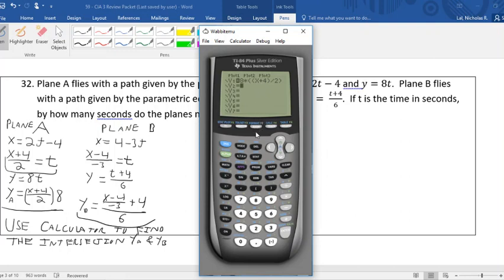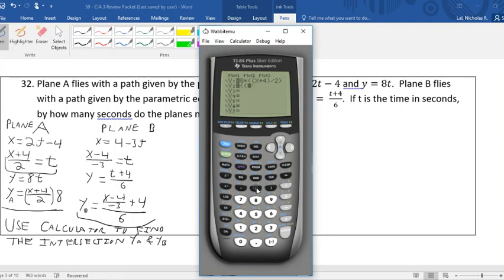And then y sub b is going to be a little more tricky to put in. We're going to have a parentheses, a second parentheses, and then a third parentheses.